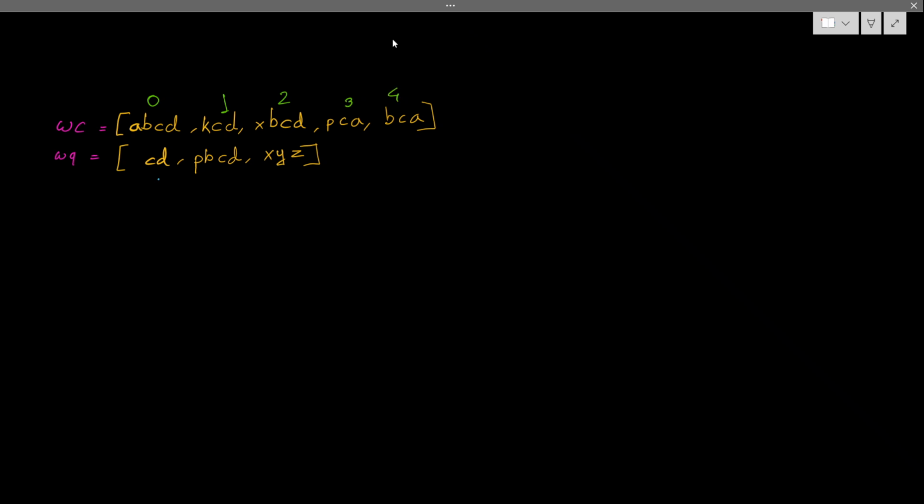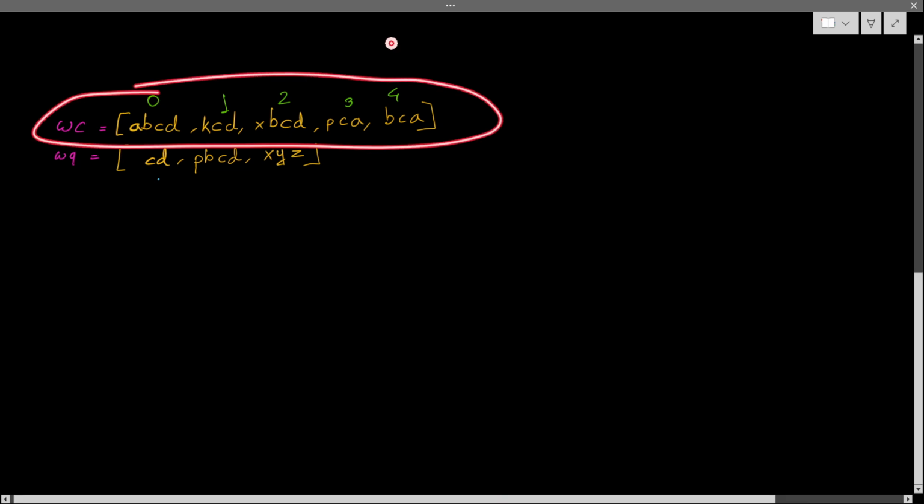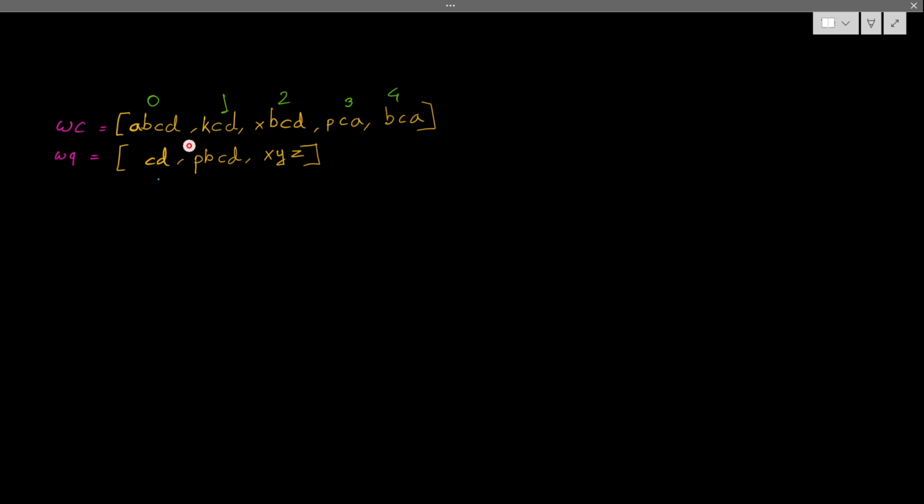Let's build a trie based on this. Let's see how we could use a trie to solve this problem. If I take the first word, I have to find the longest suffix. So obviously I have to iterate from right to left. I can't iterate from left to right.